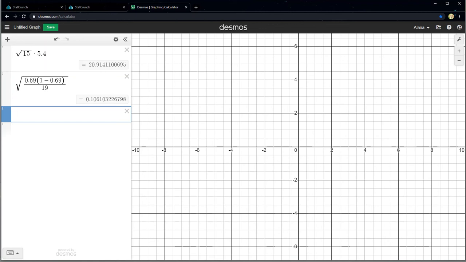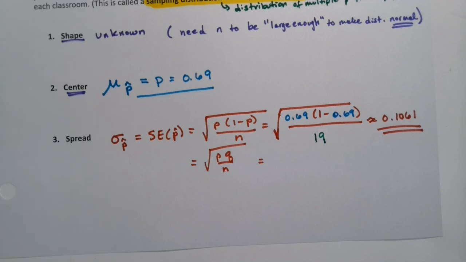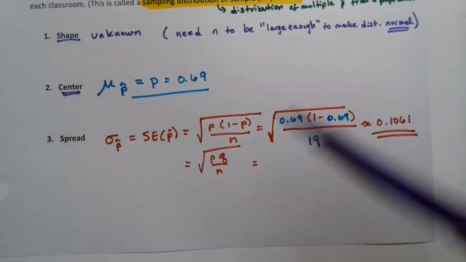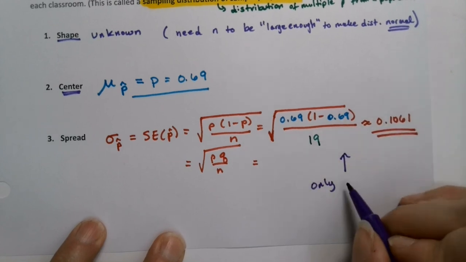Okay, one way or another, that's the spread, or that's what it's going to be if I can prove that the other aspects of the central limit theorem are met. So these pieces, in particular, this is only true if the central limit theorem is met. If it's not met, then this might not be true.